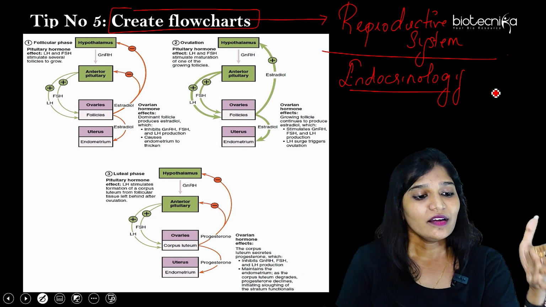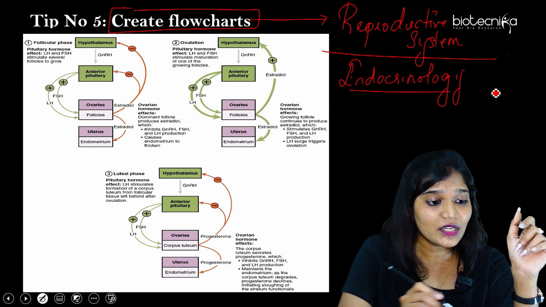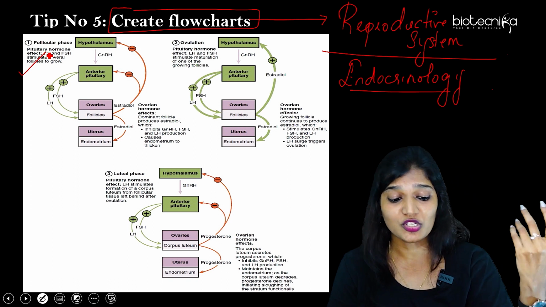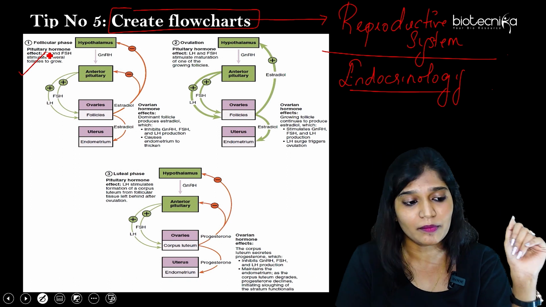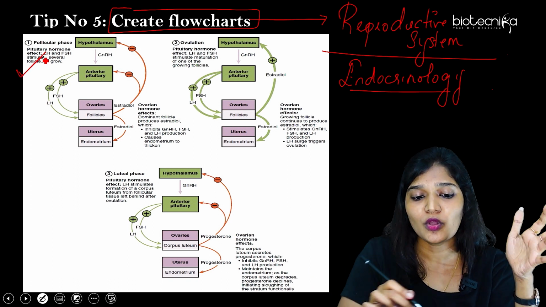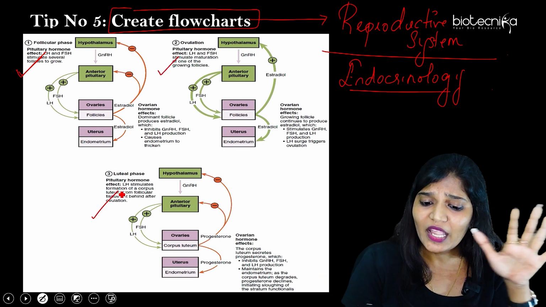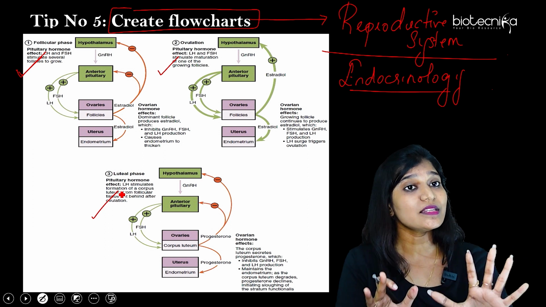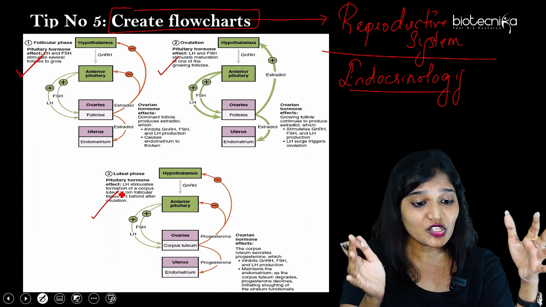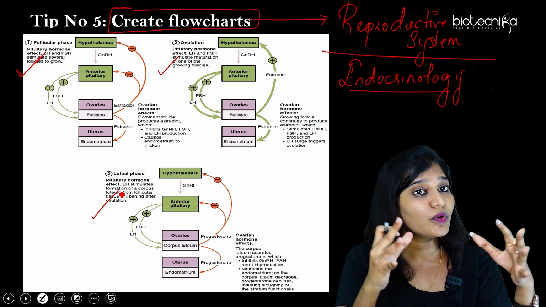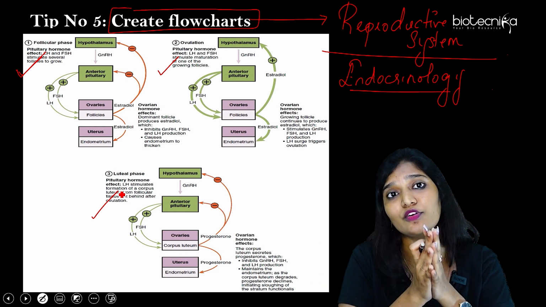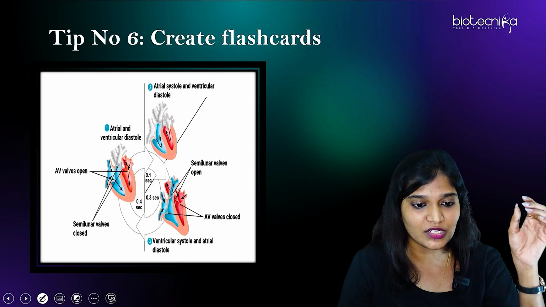Here is one flowchart about the menstrual cycle: what happens in the follicular phase, the ovulation phase, and the luteal phase, everything in detail. If you see this at the last minute for your revision, it will be really helpful. So create flowcharts, and revision time will be very easy.